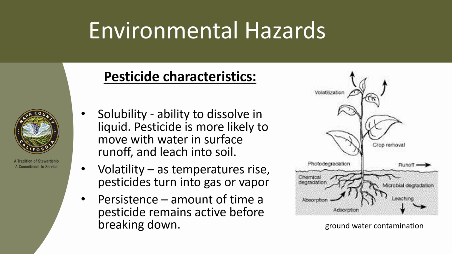So all leaching means is the downward movement of water and anything else that's in solution with it, like pesticides, down through the soil. And obviously that could create groundwater contamination issues, and there are areas where it has done just that. So it's something to always be aware of.